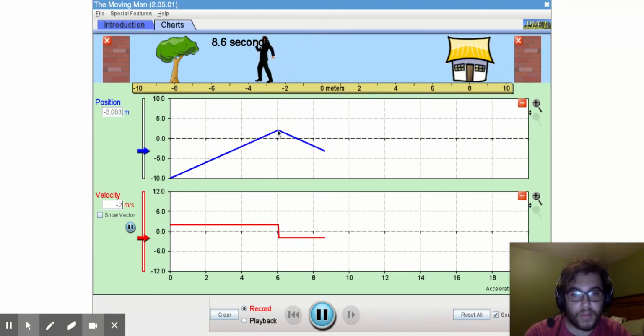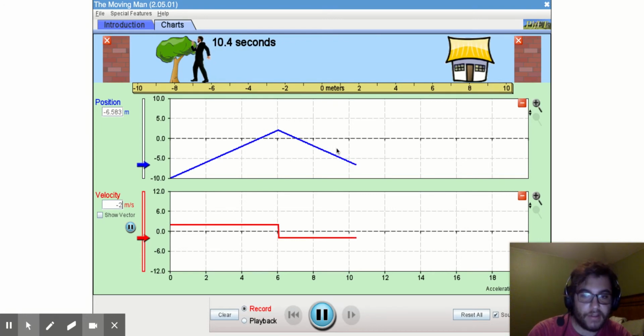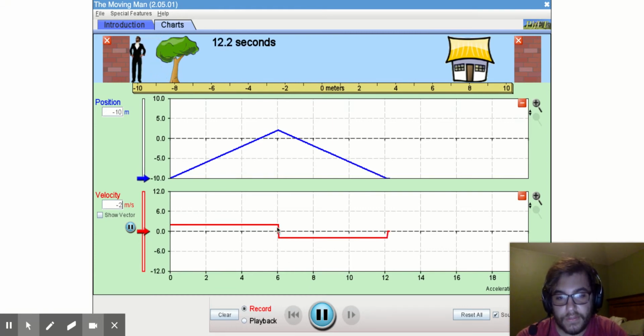Because there's an abrupt change in slope, we move at a constant -2 meters per second velocity. And now down here, our velocity all of a sudden changed from 2 to -2.